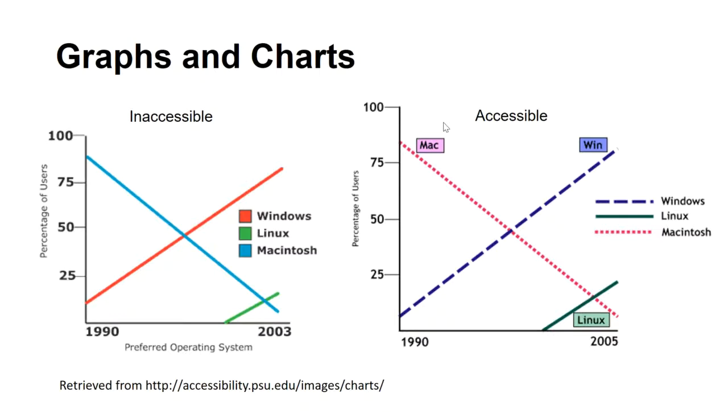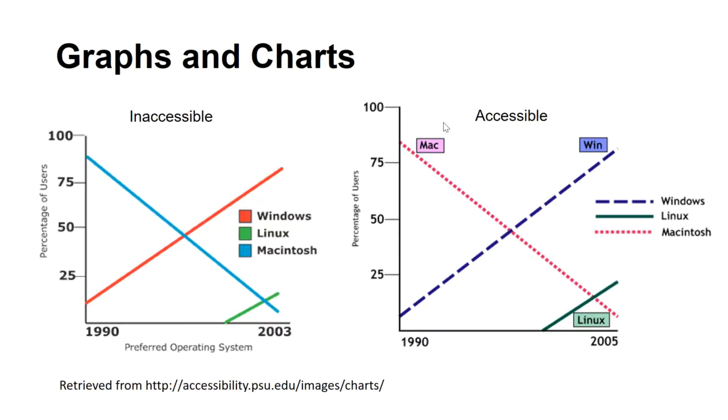So if we look at these two graphs here, the graph on the left is considered inaccessible, whereas the graph on the right is considered accessible. Again, if we think about that learner who has color blindness, it would be very difficult for them to decipher the graph on the left with the legend, to match up the lines with the legend.